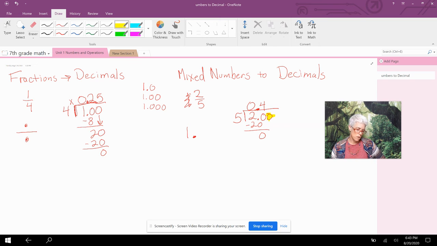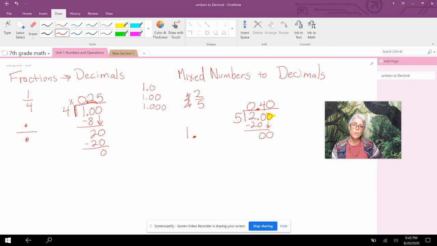And you need to do something with that 0. So I'm going to bring the 0 down, and I'm going to ask the same question. How many times does 5 go into 0? 0 times. So 2/5 is 0.40.